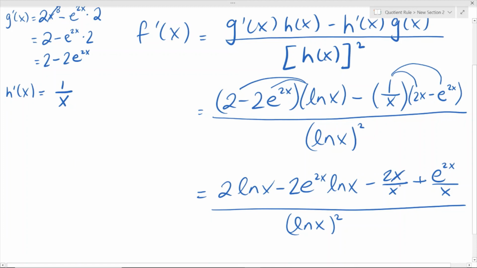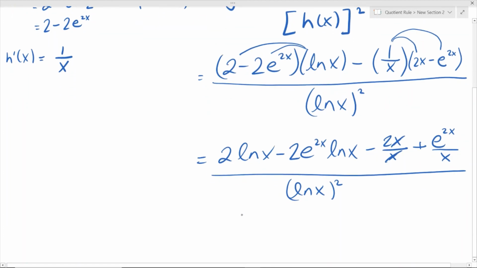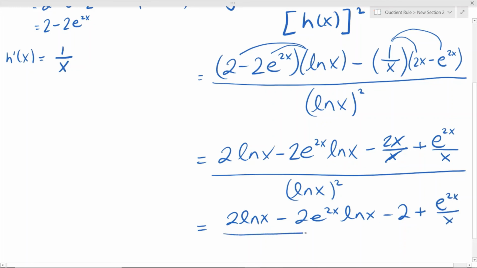And then this x and this x cancel, and then what we can do is we can simplify this a bit more. I'm just going to rewrite it. Minus 2 plus e to the exponent of 2x over x, all over ln x squared.